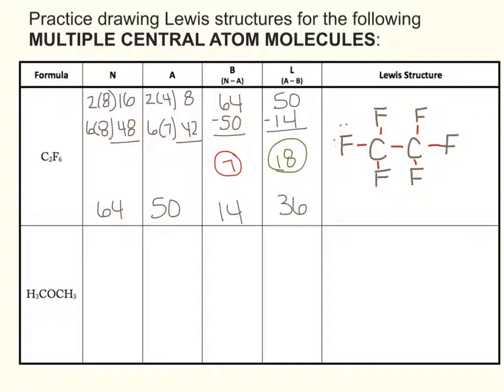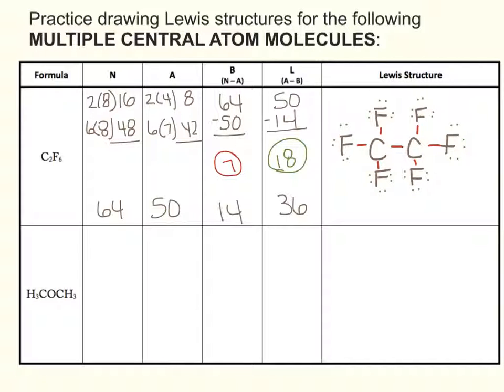There's 1, 2, 3, up to 18. Do a final check that each atom present in the molecule has the needed number of electrons, and then you are done.